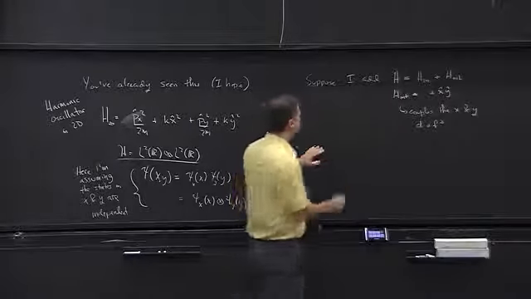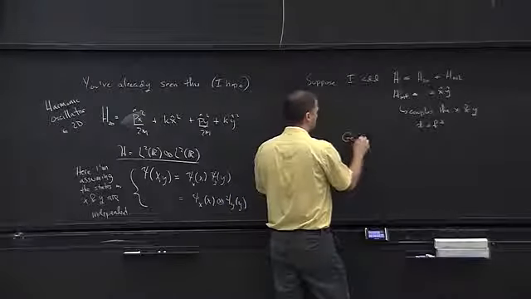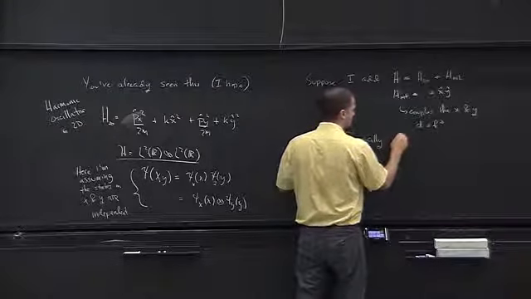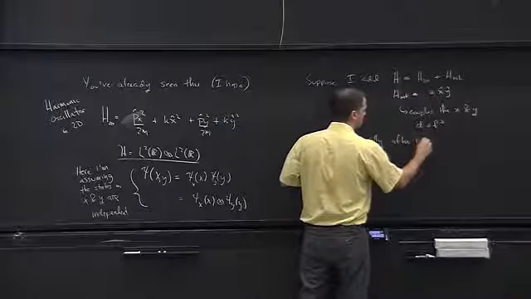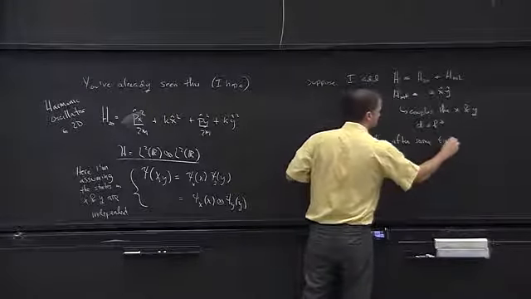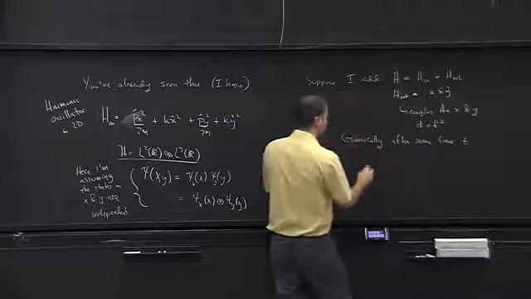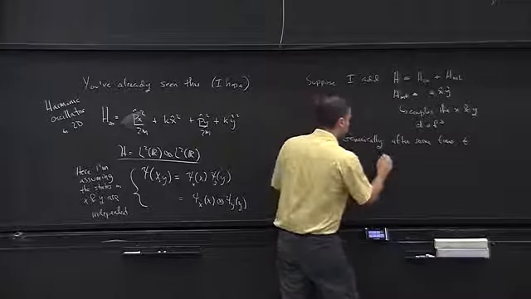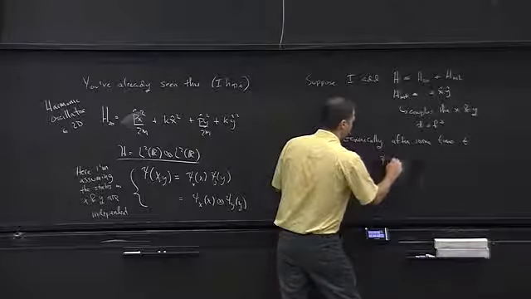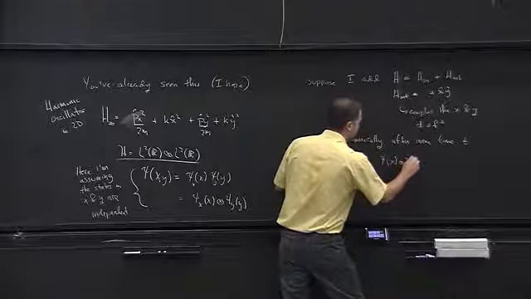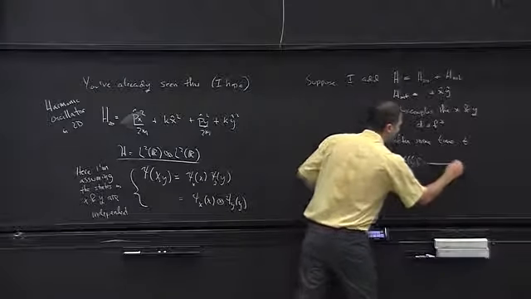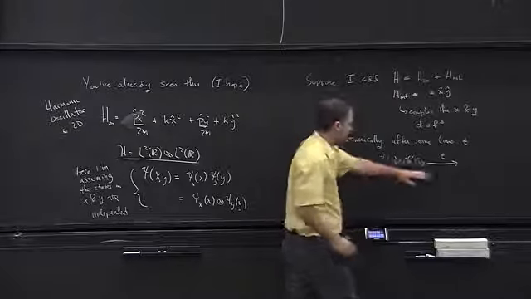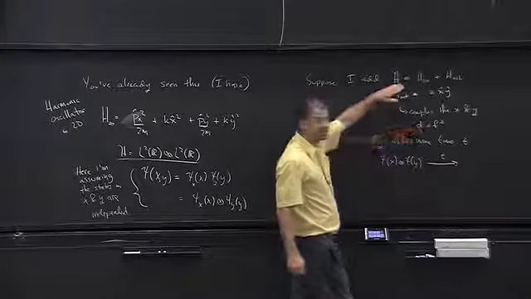Okay. So then generically, after some time t, what you're going to have is some unitary operator given by this Hamiltonian, and your state psi_x times psi_y is going to evolve in time. This denotes time evolution under the unitary induced by this Hamiltonian.